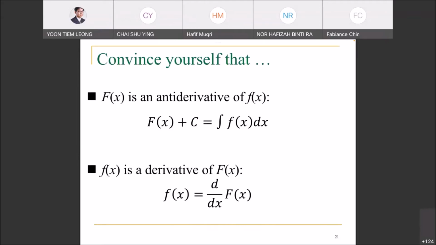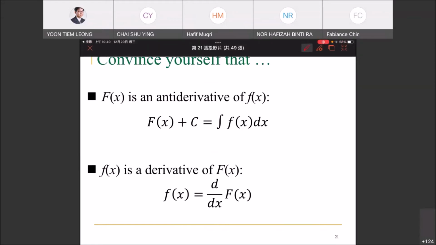So just convince yourself that once you define such a function F(x), then the capital function F(x) is just the antiderivative of the small function f(x).